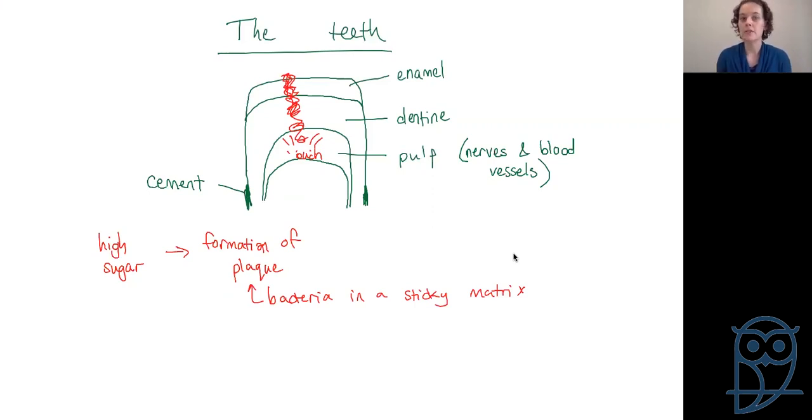Now, you've come across bacteria before, and you've come across sugar and bacteria, and the fact that the two of them get along quite well. So what happens is that your bacteria use the sugar. We have respiration. They're going to respire the sugar in your high sugar diet, and this produces acid.